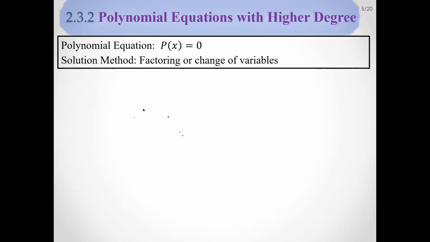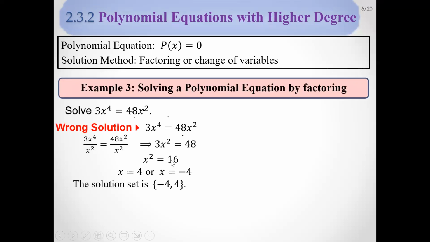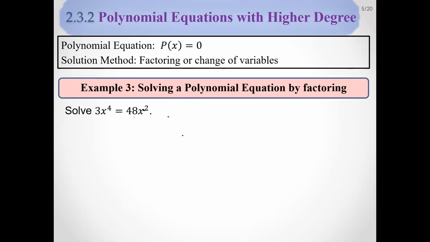So let's see an example. We want to solve this equation. It's an equation of degree 4. So we collect all terms on the same side, equal to 0. We try to factor.